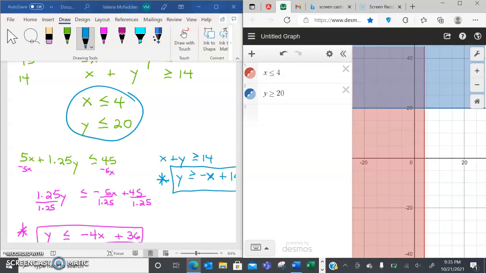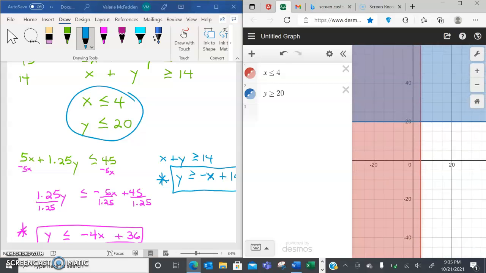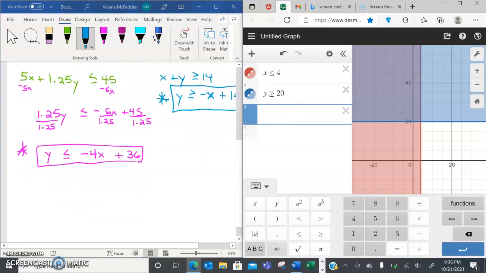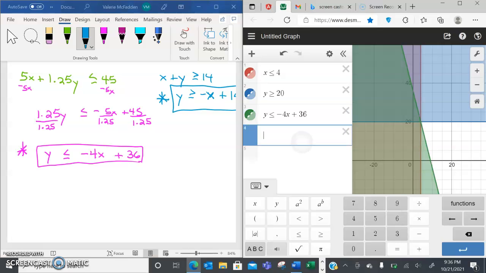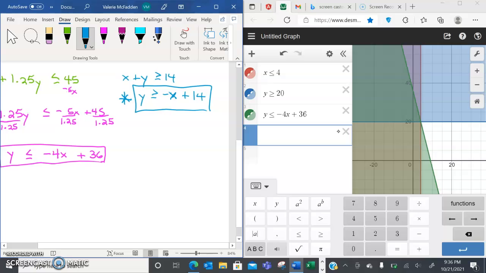We're not able to see it unless I scroll out. Okay, so you can see that's where they cross. And y is the pink one now. Y is less than or equal to negative 4x plus 36. And the last one is the blue one.